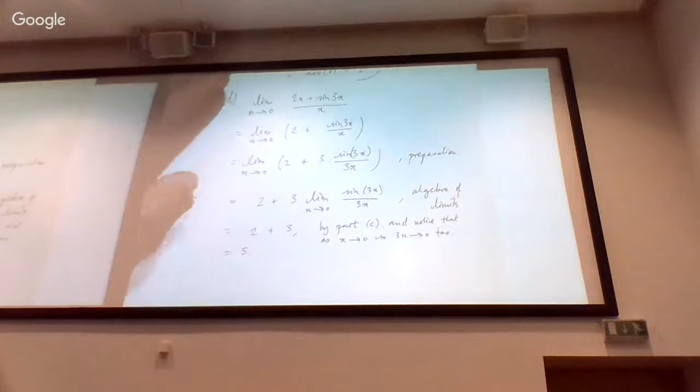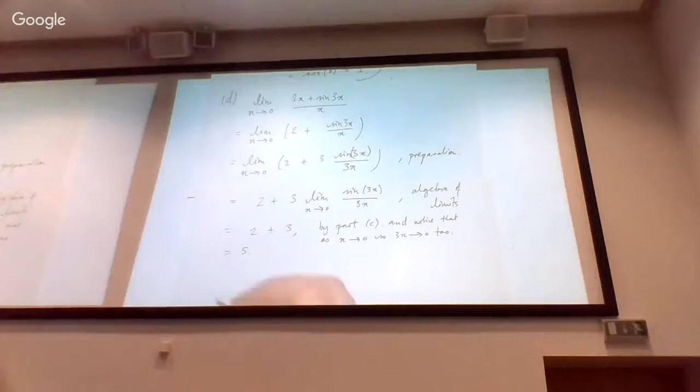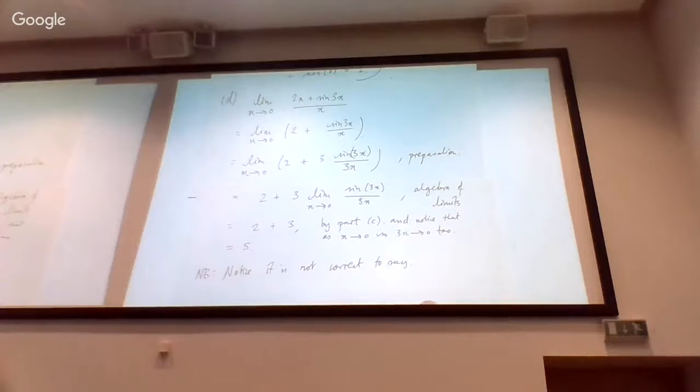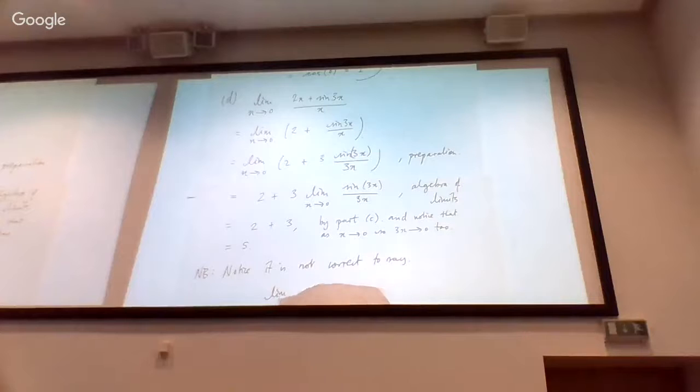So a place where you might have gone wrong there is, notice it would not have been correct to say that the limit as x goes to 0 of sine of 3x over x equals 1. Put it in quotes because it's not true.